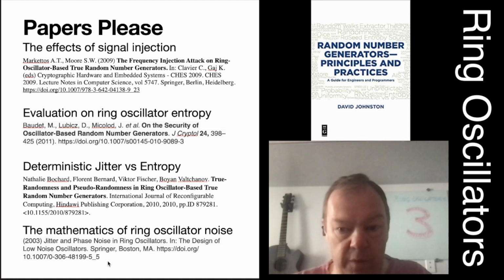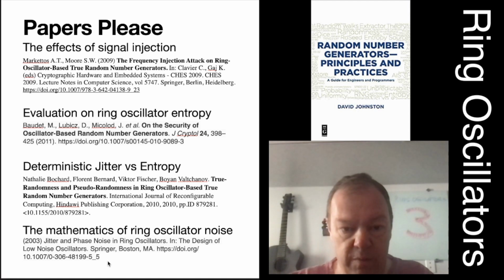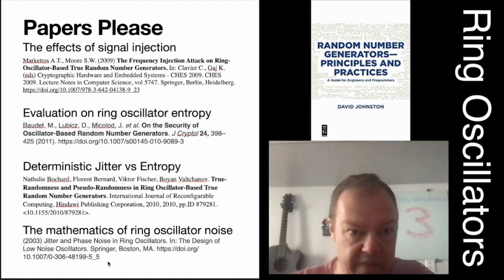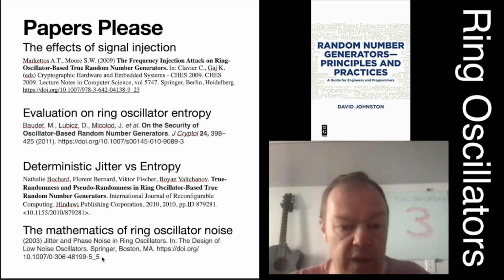It's got a chapter on making ring oscillators, and the focus of the chapter is how to make low noise ring oscillators, how to make stable ones. He's not trying to make oscillators for cryptographic purposes or to make random number generators. He's trying to explain how to make nice stable ring oscillators for other purposes.